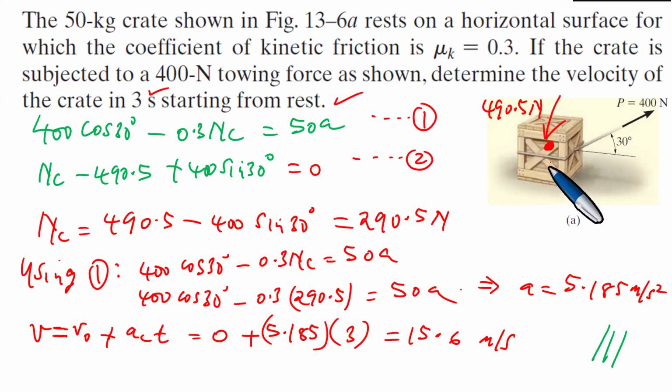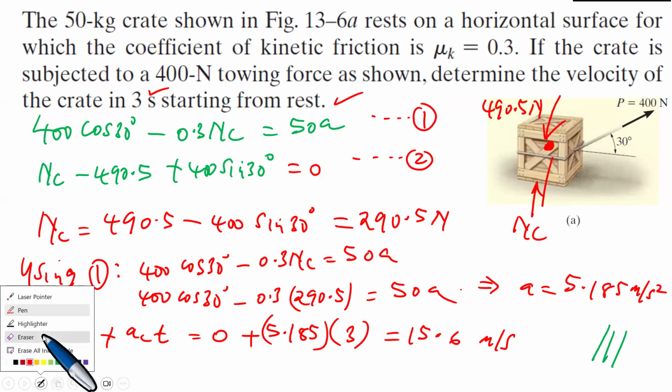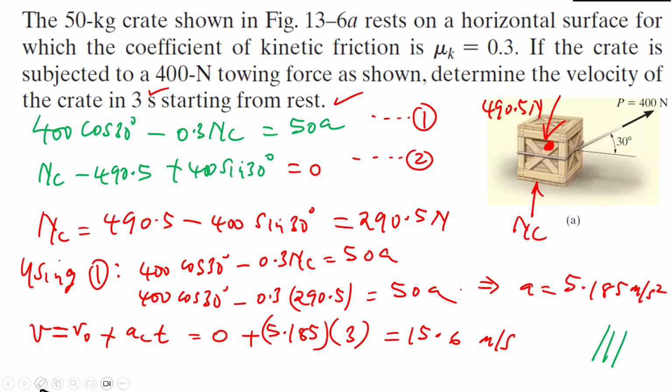And this is the normal, which is indeed a constant force. And you have the frictional force, which is the force of kinetic friction, which is 0.3 N, because it is mu K times normal, with the coefficient of kinetic friction.